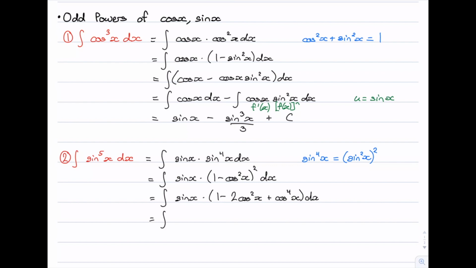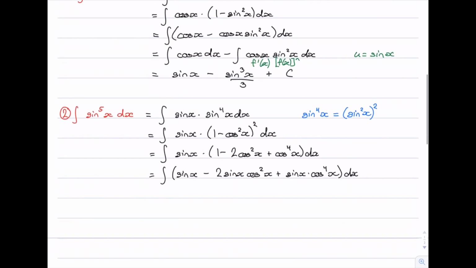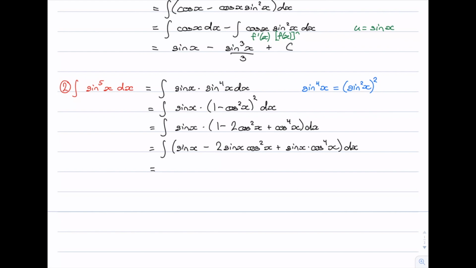We distribute the sine x through that bracket, and we get sine x minus 2 sine x cos squared x, plus sine x times cos to the power 4 x. Let's move this up a little. Okay, now once again, let's get rid of this equal sign.